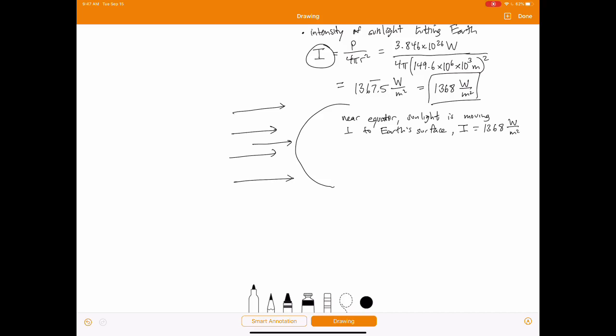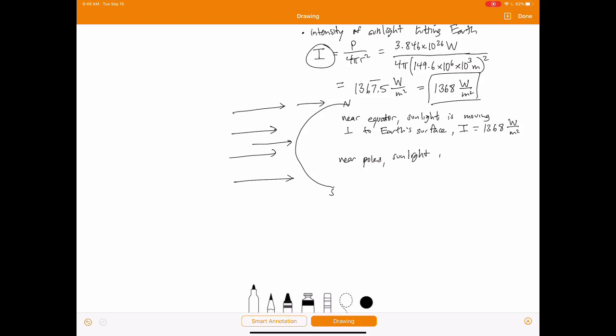Now, on the other hand, if we're near the poles, so the North Pole up here, maybe the South Pole down here, the sunlight is not hitting the Earth head on. It's kind of hitting it at a glancing angle.